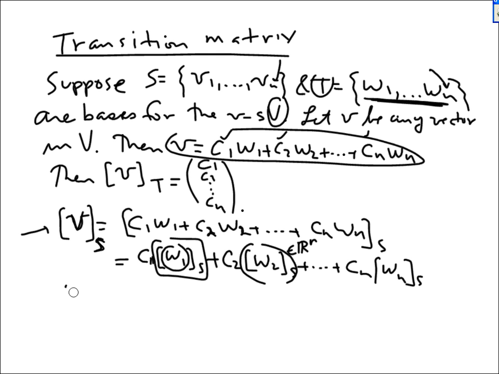Now, let W1 in brackets sub S equal A1j, A2j, up to A sub nj.